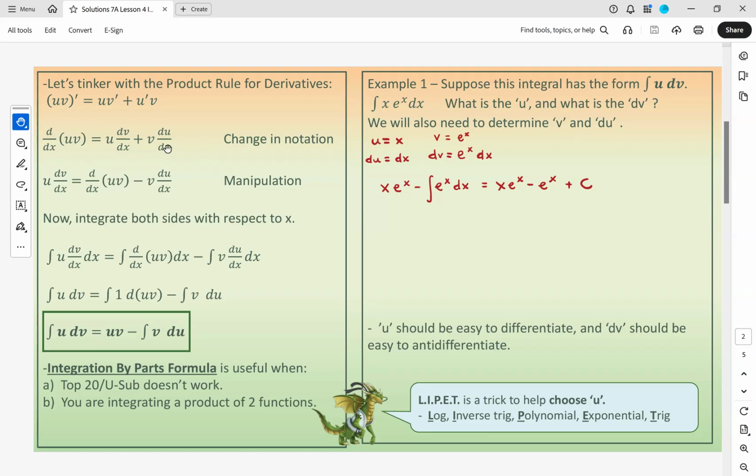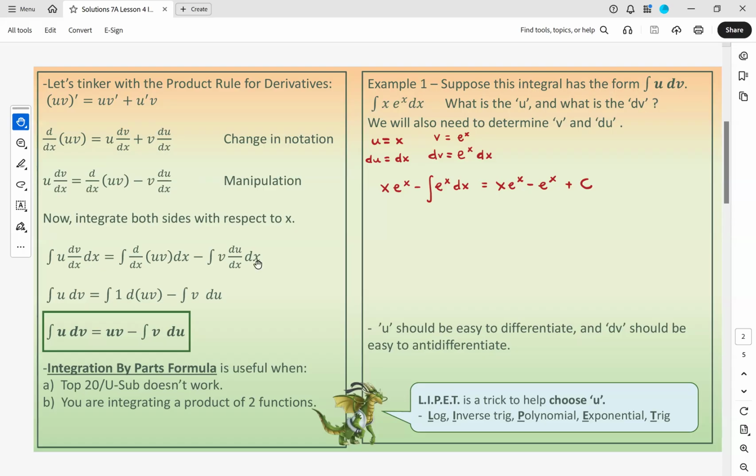Having done that, I'm going to manipulate this formula a bit. I want to get the u times dv/dx by itself, and that's what I've done in this third line of work here. Once I'm at this spot, we're going to integrate both sides of this equation with respect to x. Every single term that was there is now sandwiched between an integral symbol and an extra dx, which is, of course, our integral notation.